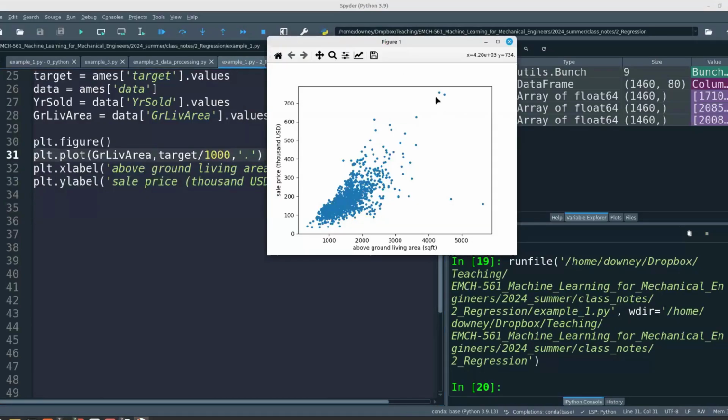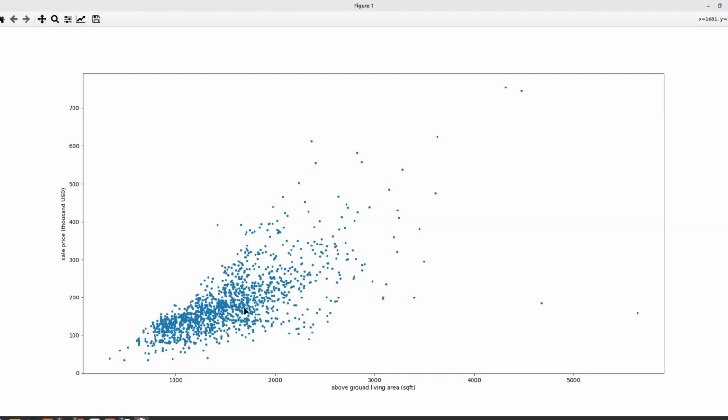I have no idea who lived in a 4,400 square foot, $700,000 house in Ames, Iowa. None of my friends. Yeah, so if you're wondering where my house was, it was down here, somewhere around here, on the bottom side, but definitely below 100.